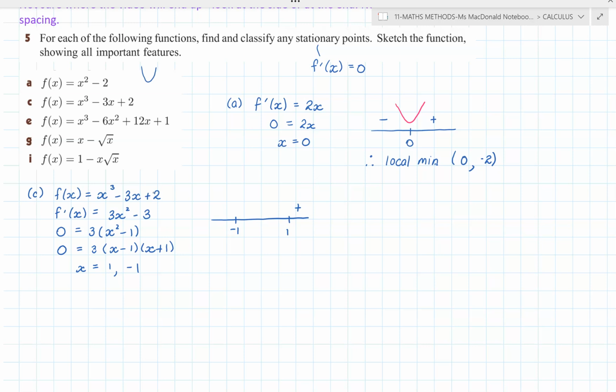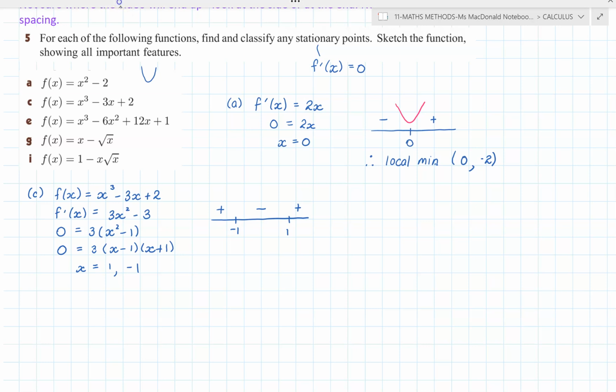A number between 1 and minus 1 is 0. 0 plus 1 is positive, 0 take 1 is negative. A negative times a positive is a negative, and then we're timesing by positive 3, so yes. I'm pretty confident now that it's plus, minus, plus, because there's no perfect square. Normally around a perfect square you will have the same sign, so it might be plus plus or minus minus, and that's where we have a stationary point of inflection.